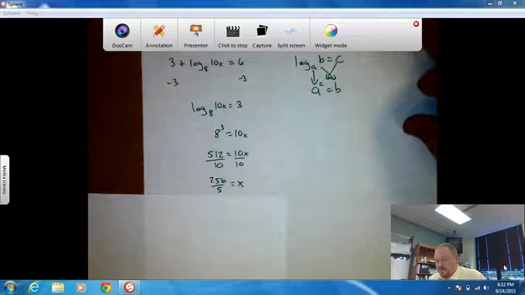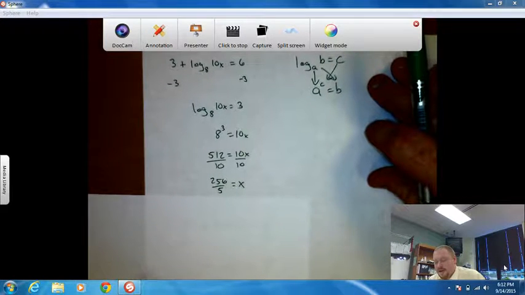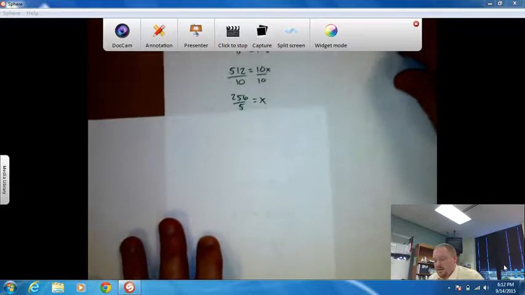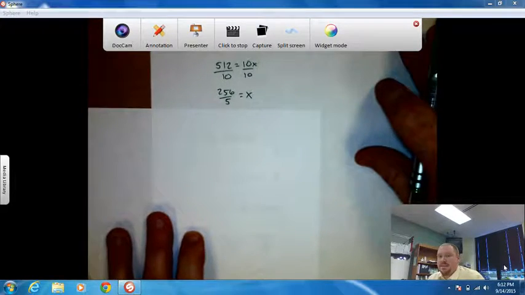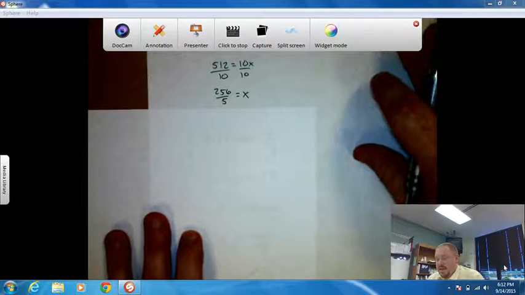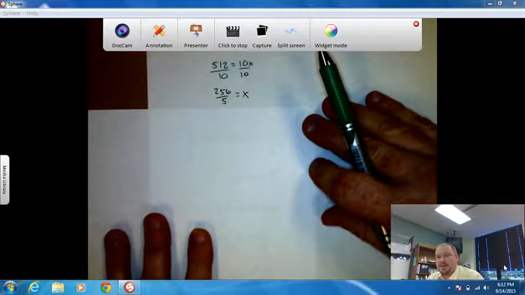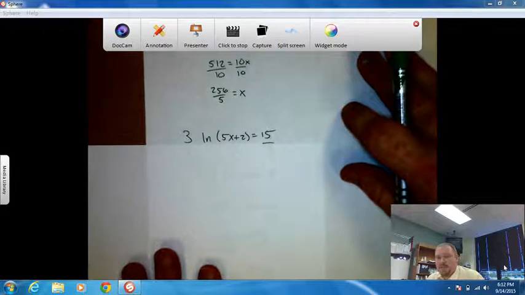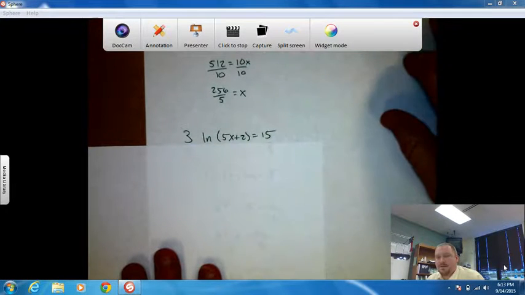The other variety that you could see might be one that includes the natural log. And other than remembering that it has base e, it's not that big of an issue. So here's my problem. 3 times the natural log of 5x plus 2 equals 15. So I have to get the natural log by itself. So I'm going to divide both sides by 3.